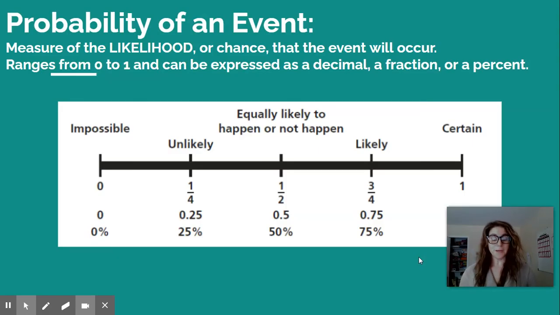So first off, the probability of an event is the likelihood that it is going to happen. Most people know of probability from gambling. It's also used a lot in weather, right? So if you have a 100% chance of rain, you know it's going to rain. If you have a 12% chance of rain, it might not rain.